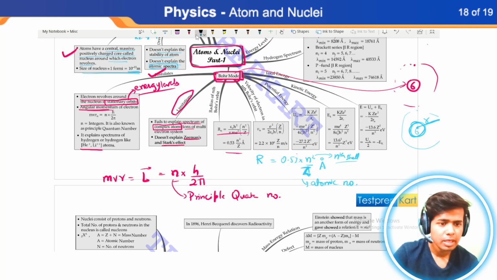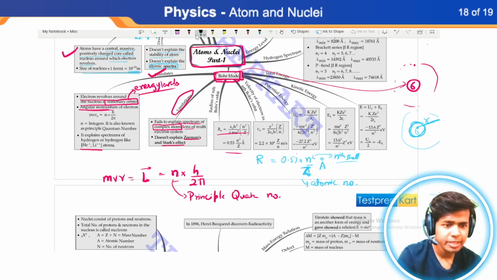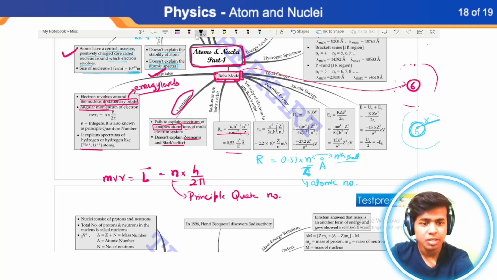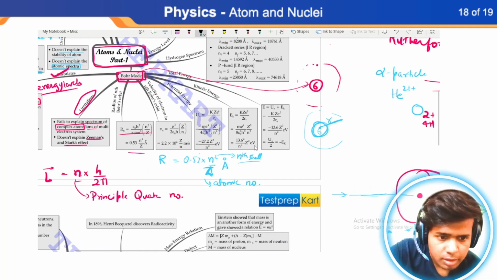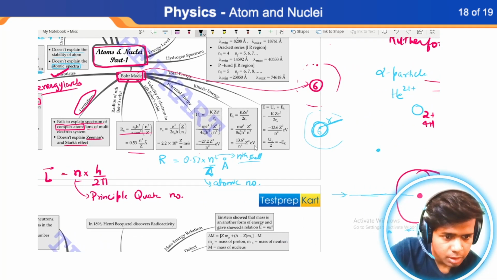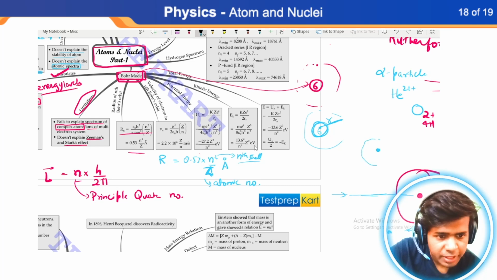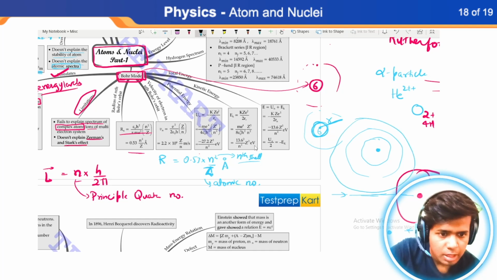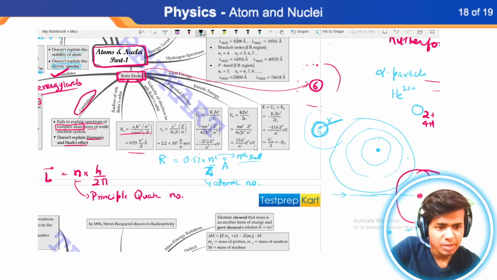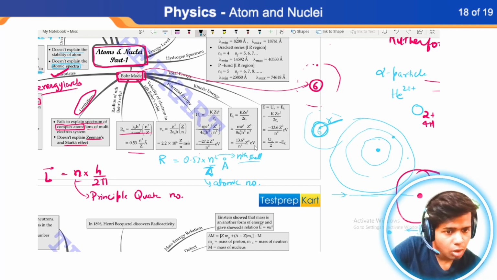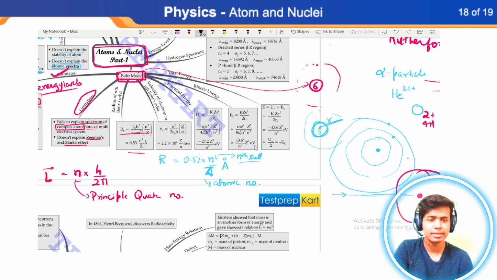Nth shell means, I did tell you that there are different energy levels around a particular nucleus. This is the first energy level which is possible, this is the second, this is the third. Basically, as per Bohr's model, the electrons cannot exist in between them. It cannot exist in between specific energy levels.